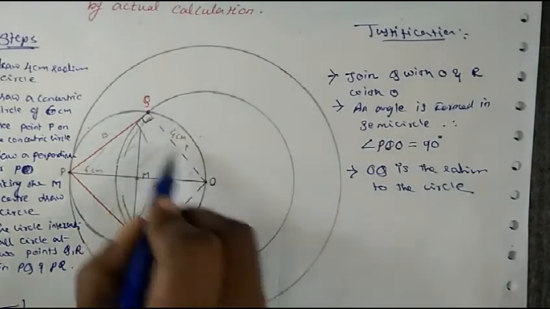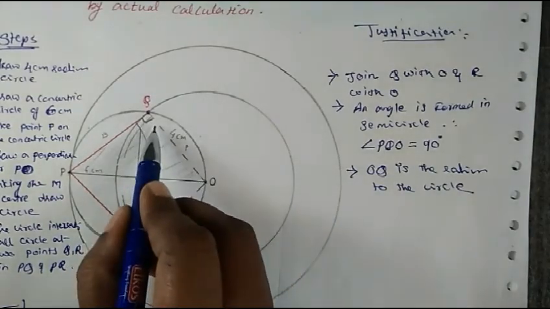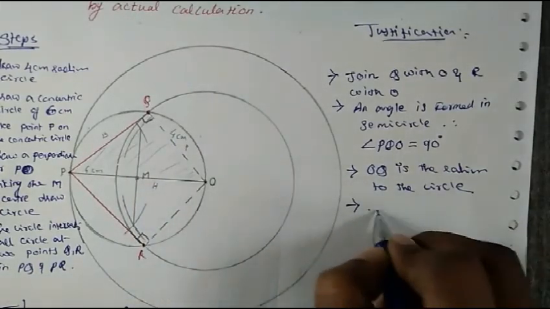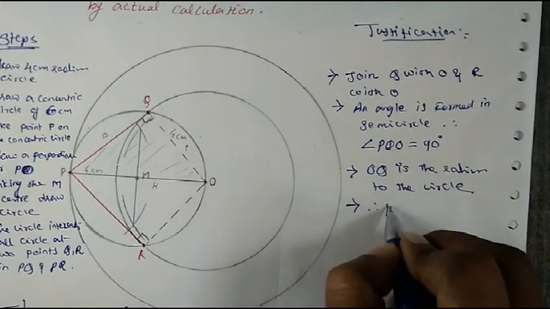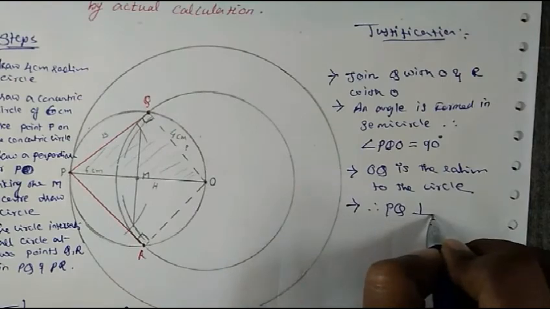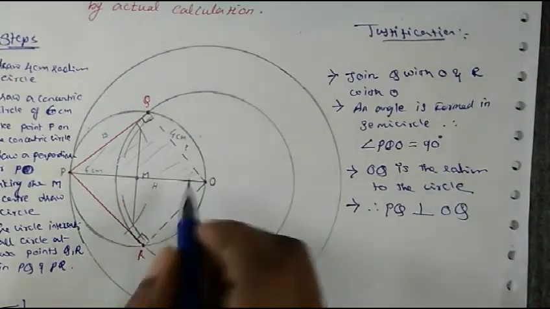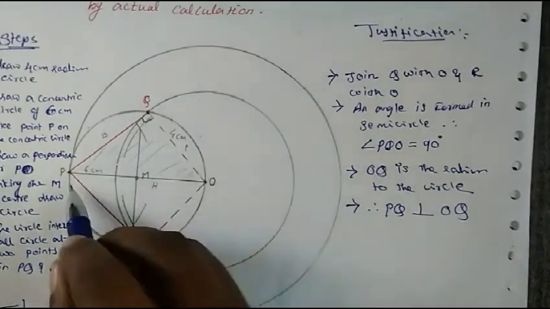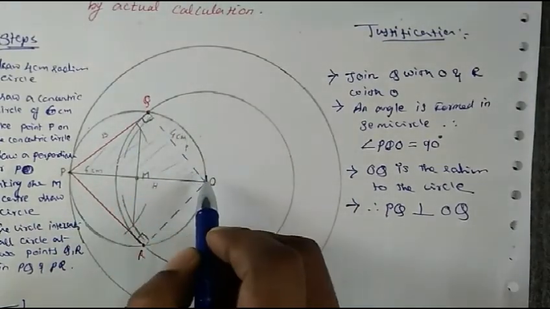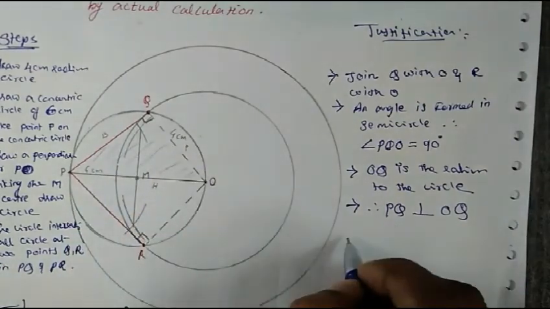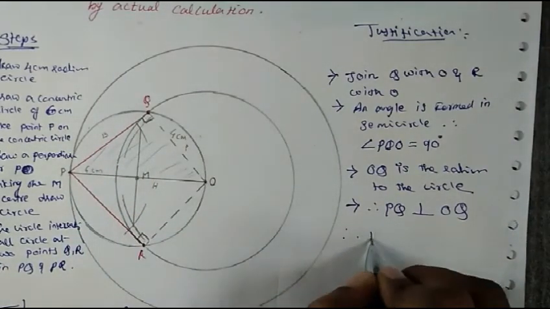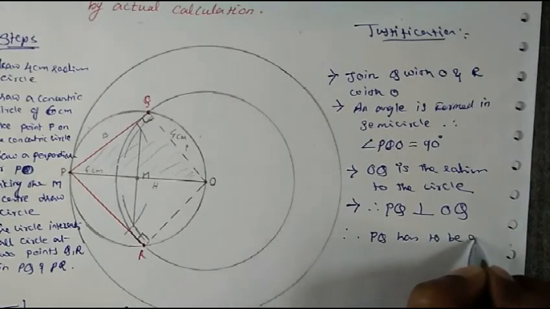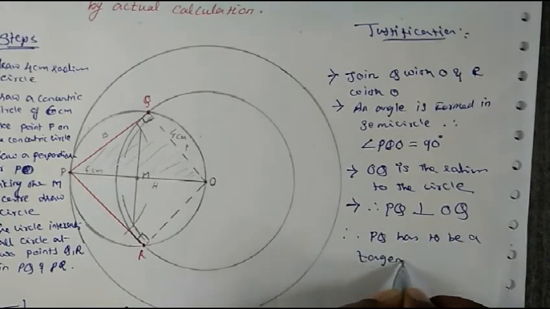So this is the radius and then 90 degrees is formed, then PQ has to be the tangent. Therefore, PQ is perpendicular to OQ. If this is the radius, this has to be perpendicular. Then if this is perpendicular and this is the radius, it has to be a tangent. Therefore, PQ has to be a tangent.